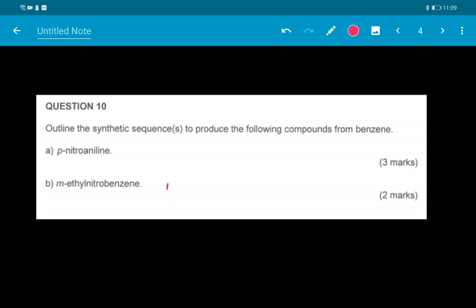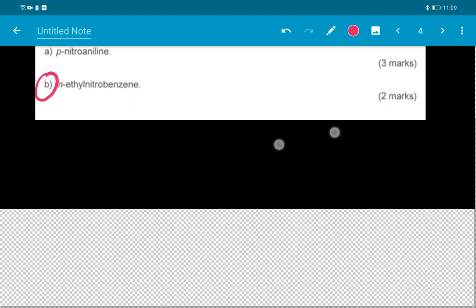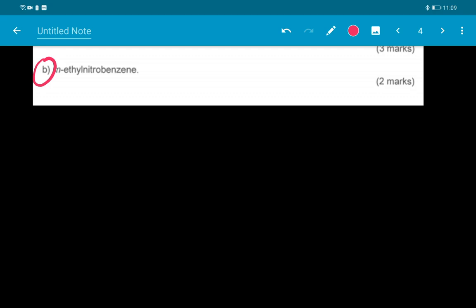Okay, let's say we have m-ethyl nitrobenzene. Let's take this question next. Draw the overall reaction first. First we have benzene.